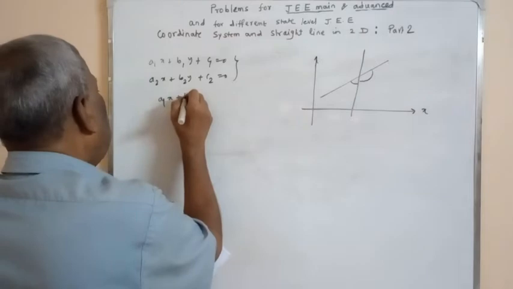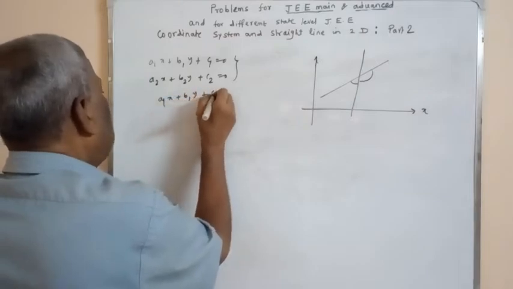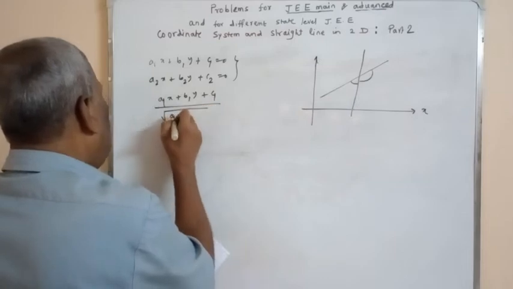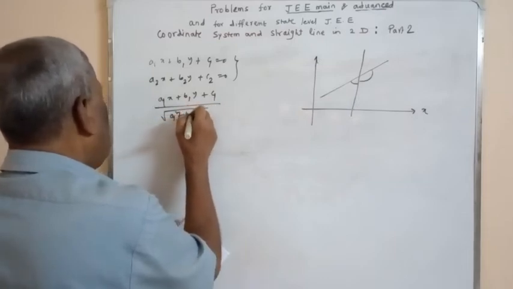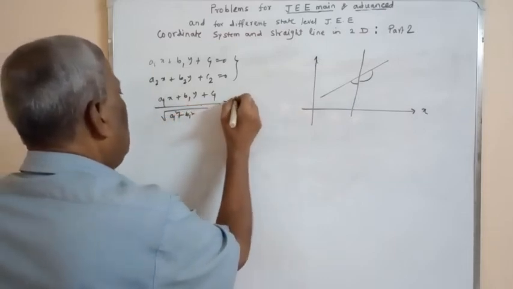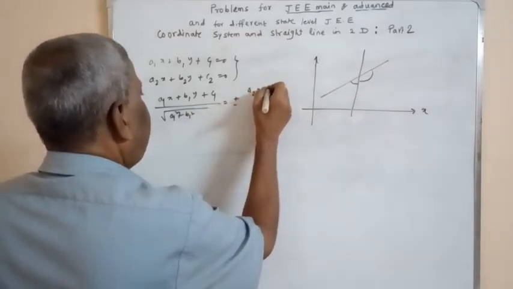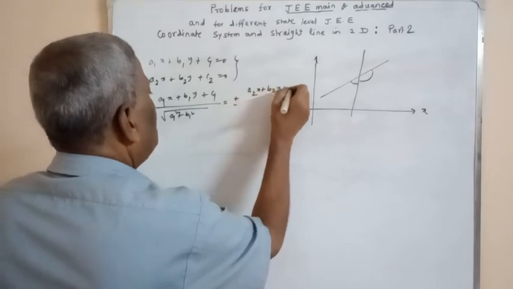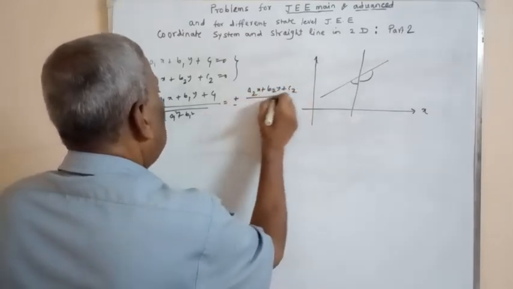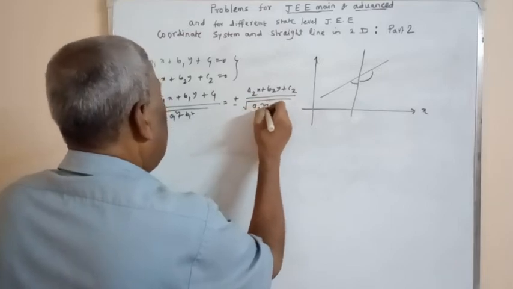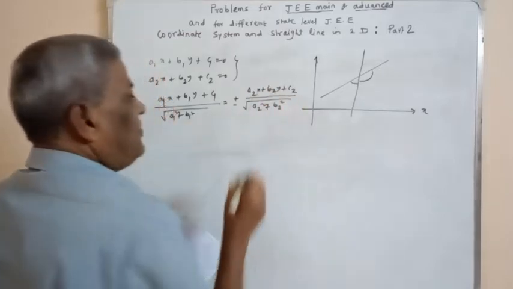the equation of bisectors is A1x plus B1y plus C1 by root over of A1 square plus B1 square is equal to plus minus the second straight line by root over A2 square plus B2 square.